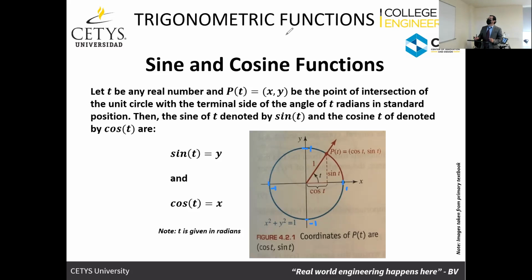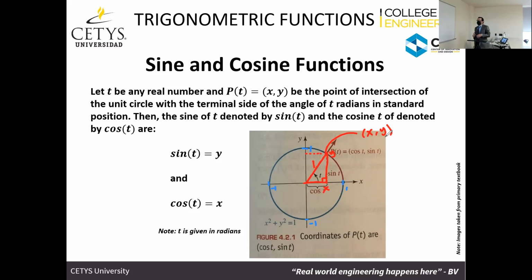If we were to create a natural right triangle here, where the hypotenuse of that right triangle is the radius, equal to 1, and we establish two coordinates, let's call this one x and this one y, of the point of intersection, then this coordinate is x comma y.